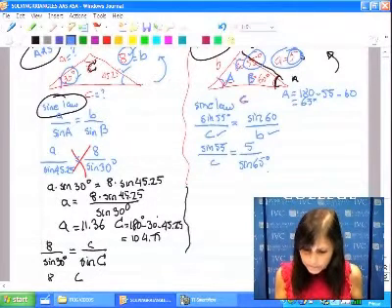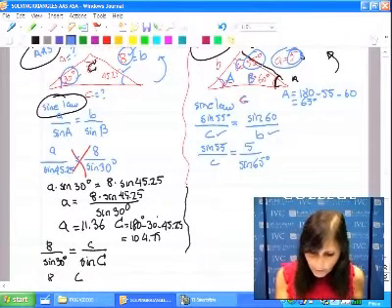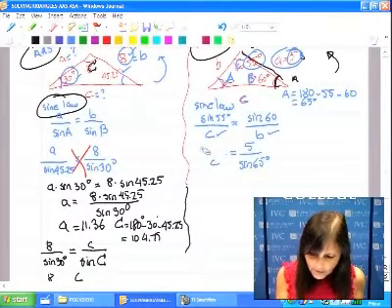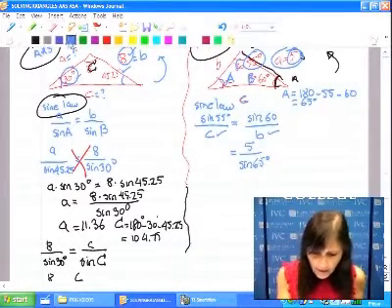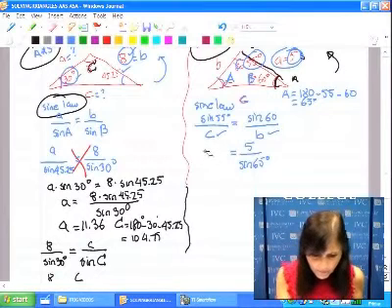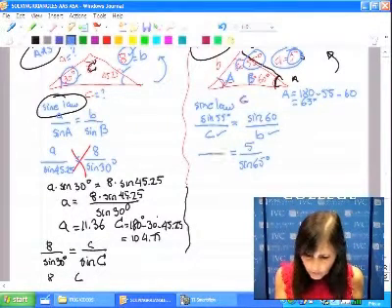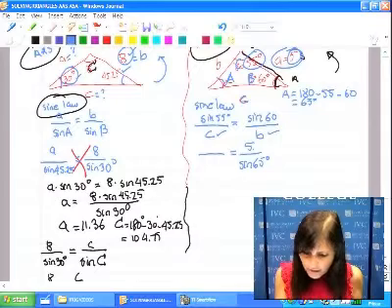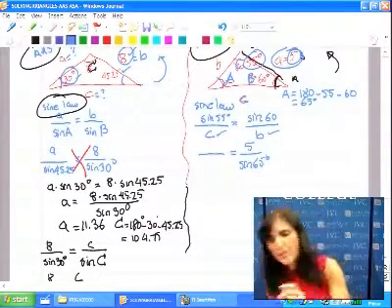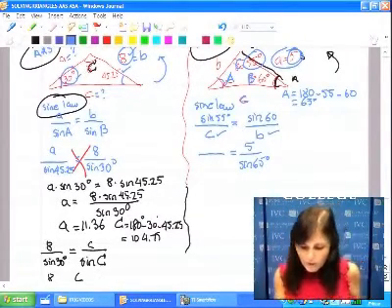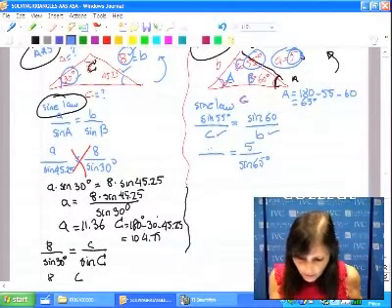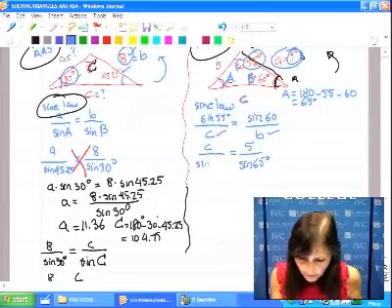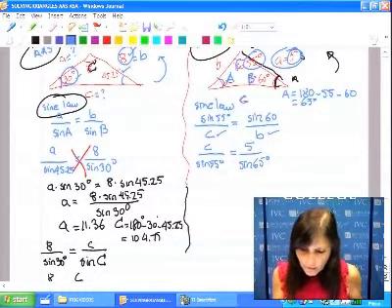Let's reverse this. You need to have side, side, angle, angle. So 5 over sine of 65 equals C over sine of 55. I can reverse those, remember?